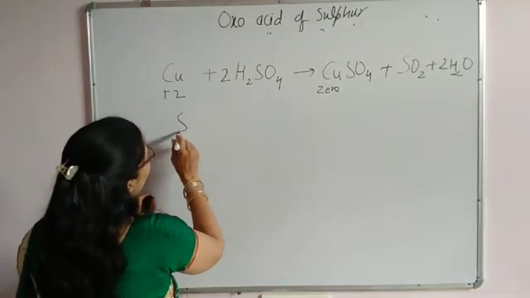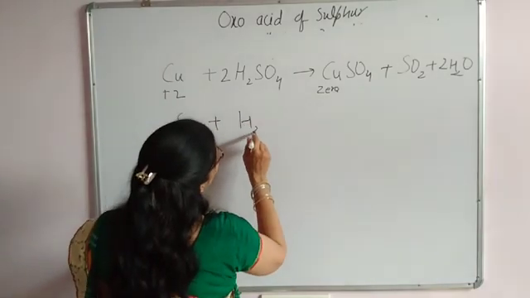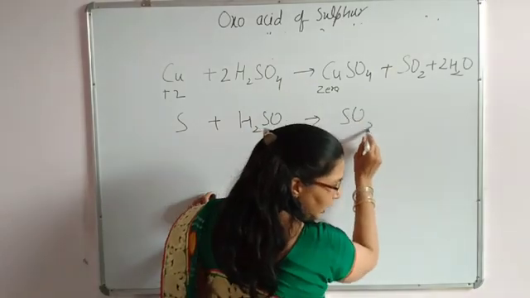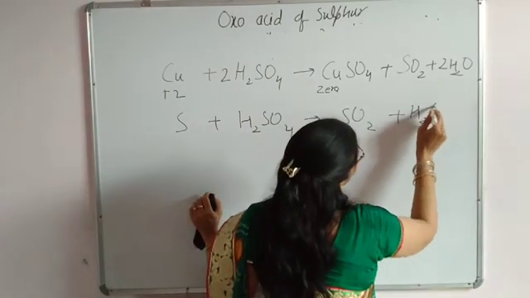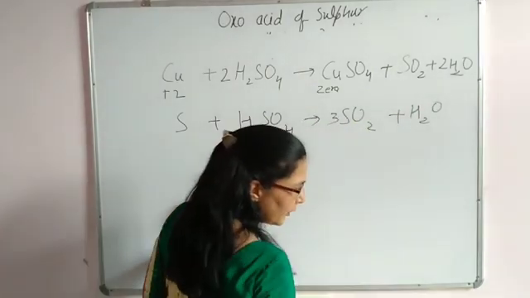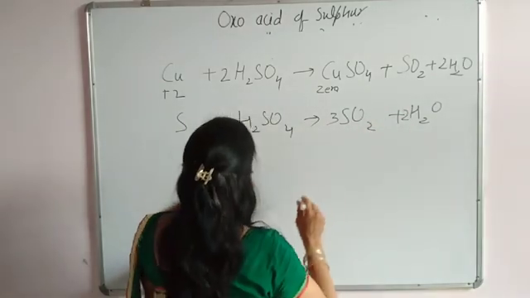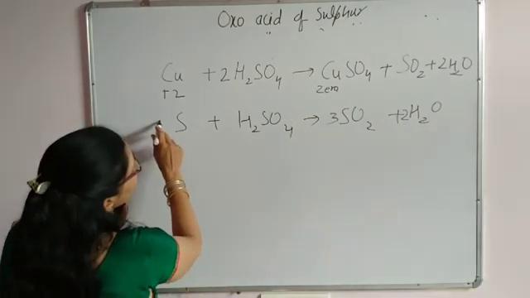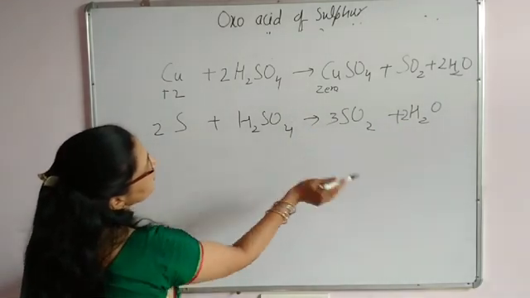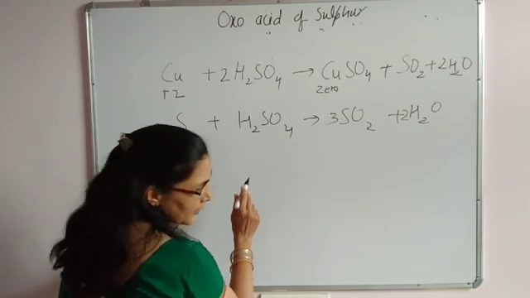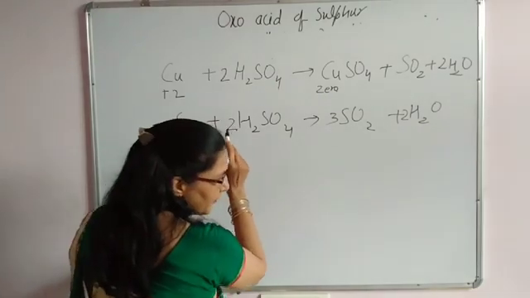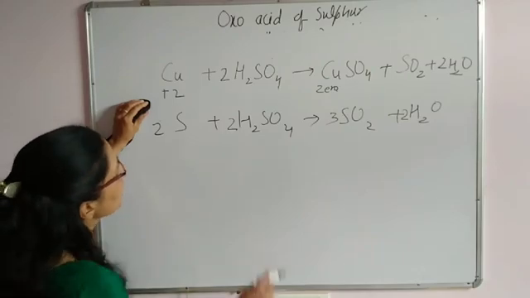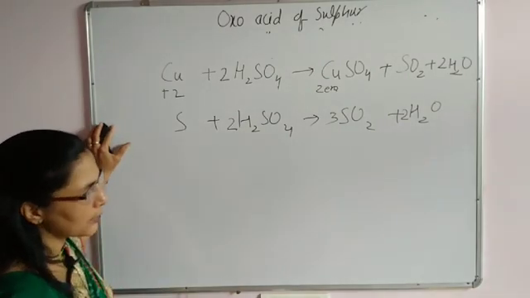Now, about sulfur. When sulfur is treated with H2SO4, again there will be formation of SO2 and water. By direct hit and trial you will balance the reaction. Now 3 sulfur: 2 sulfur here, 1 sulfur here, 2 to the 4. So twice of this here. Sulfur will come 3, so it is all balanced.